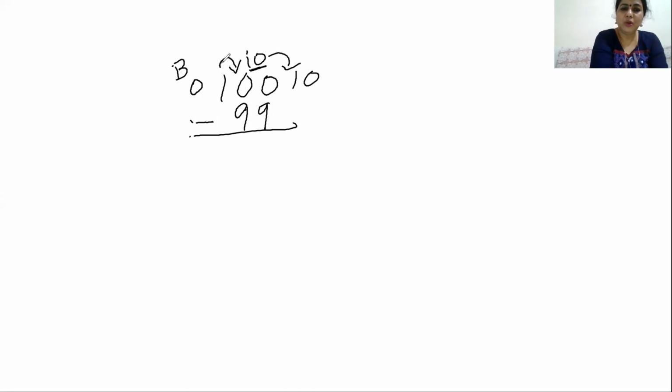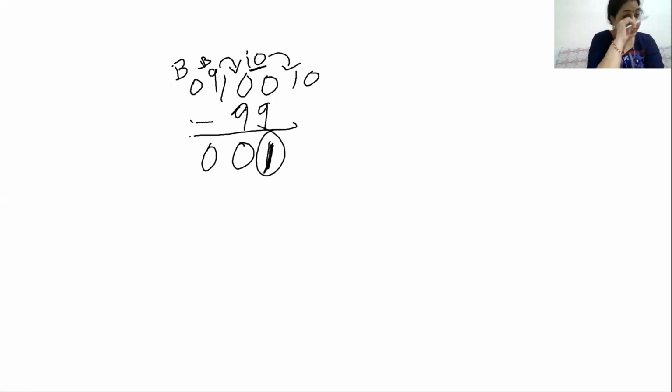So 10 minus 1, what is the balance here? The balance will be 9. Okay. So 10 minus 9 will give 1. 9 minus 9 will be 0. And this is already 0. So what is the result? 1. Okay. The same way in binary subtraction also we have to do it like this.